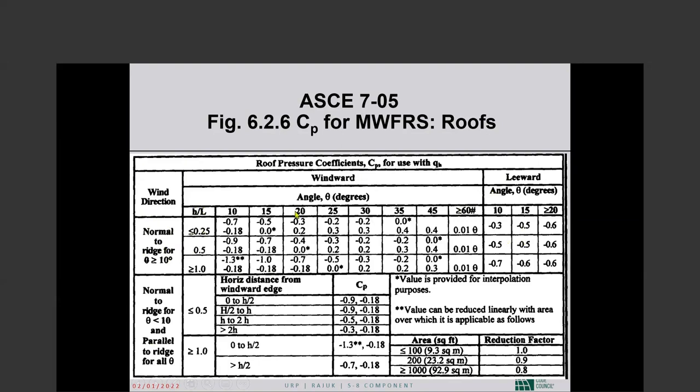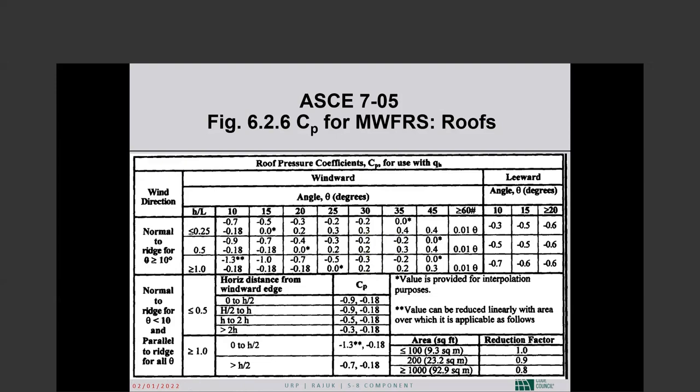Okay, on the leeward roof, suction only. On the windward roof, it is suction. I think once it gets to pressure here, okay, very steep roofs, just so that you see. Anyway, so you can figure out the external pressure coefficient C sub P for the roof from this table.